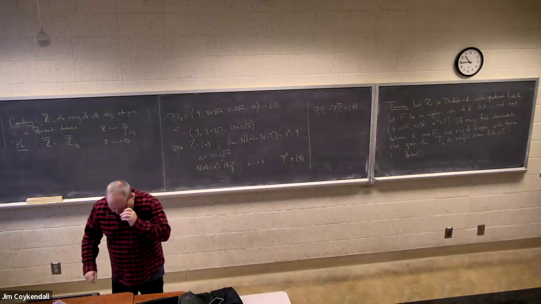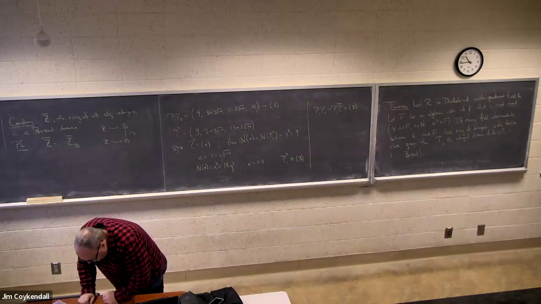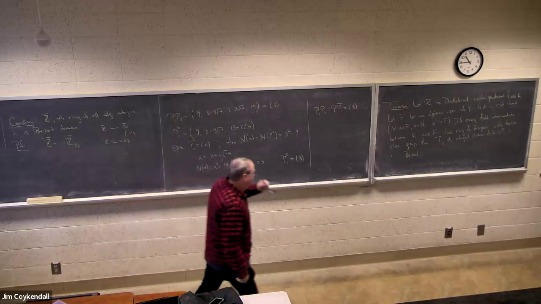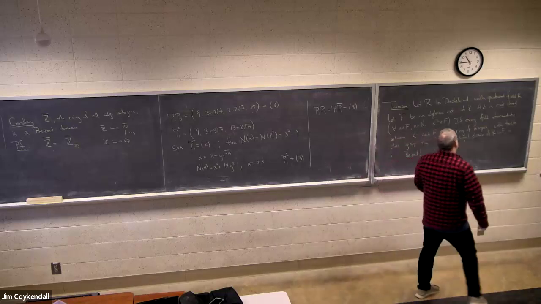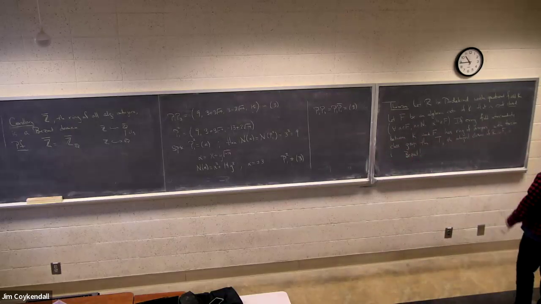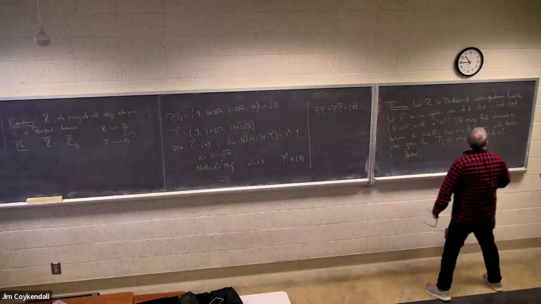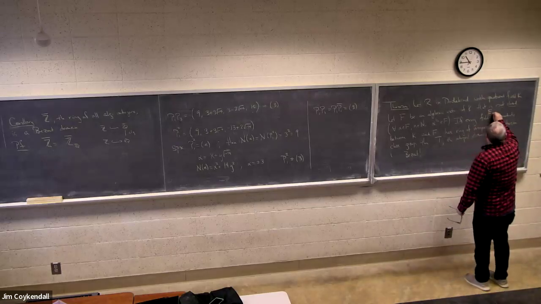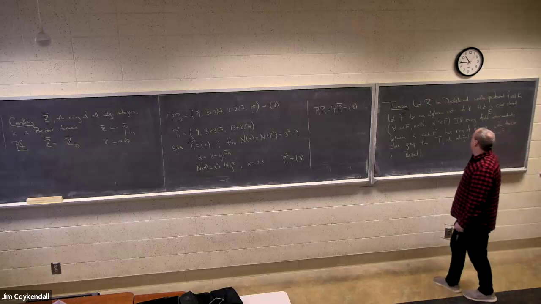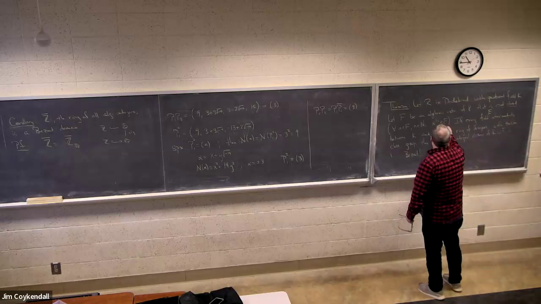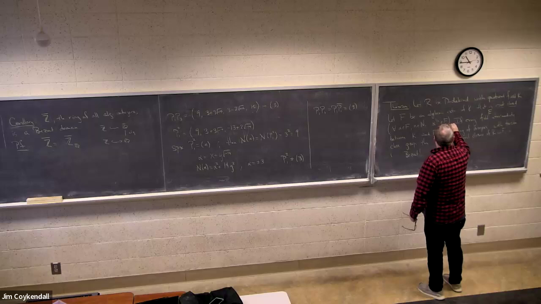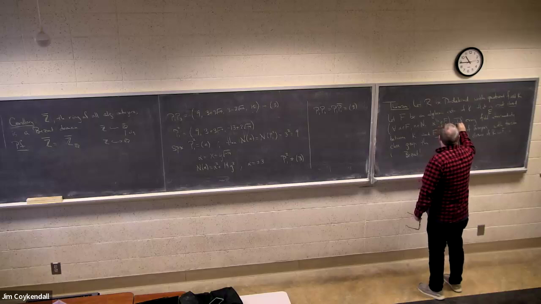I need to make a stronger statement here. I didn't write that in my notes. I need one more thing: every field intermediate between K and F, let me call it E, such that E over K is finite.